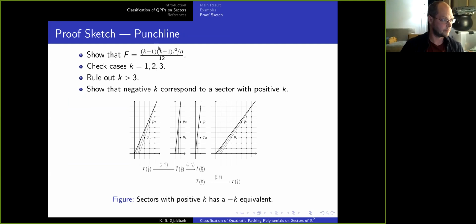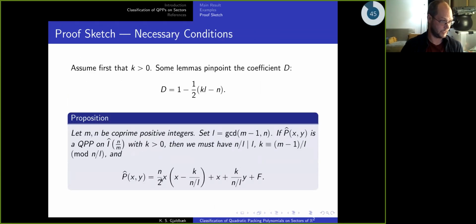So this imposes some strong restrictions. First of all, you see if k is equal to 1, this is 0. And the necessary condition in the case k equals 1 is just that p of 0, 0 is 0, which it is.